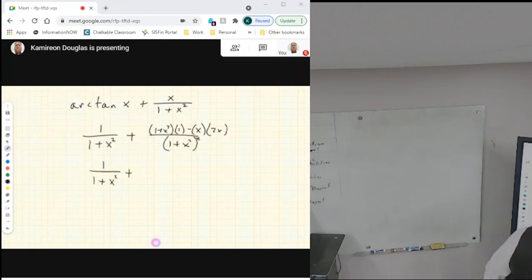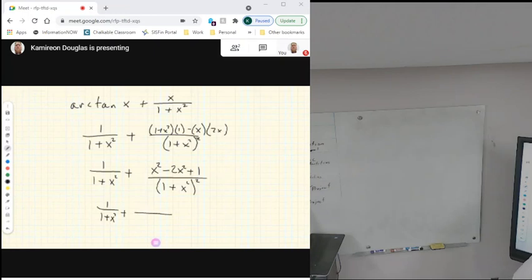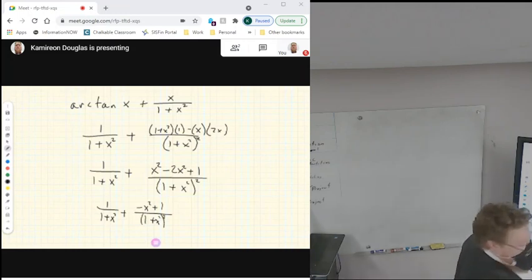I believe the back of the book gives a very unique answer to this one. And so you end up with 1 over 1 plus x squared plus negative x squared plus 1. The back of the book, I believe, joins these two fractions together.